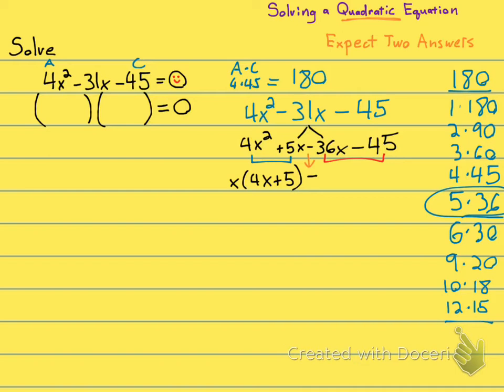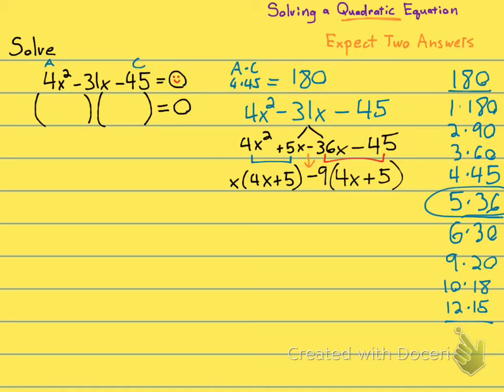What goes into both of those? Is that 9? Yeah, 9. So I'm going to take out a negative 9. I will be left with 4x plus 9. Sorry, 5. 9 goes into 45 5 times. 4x plus 5. Right, because I'm taking out a negative from a negative, it leaves me with the positive.